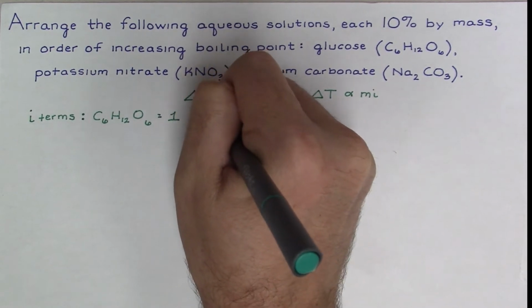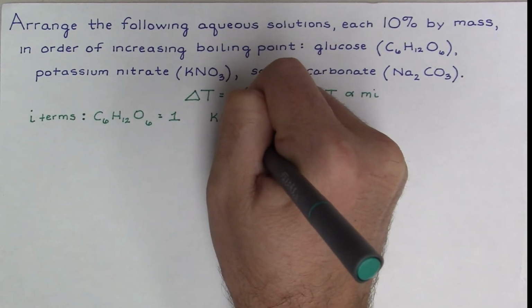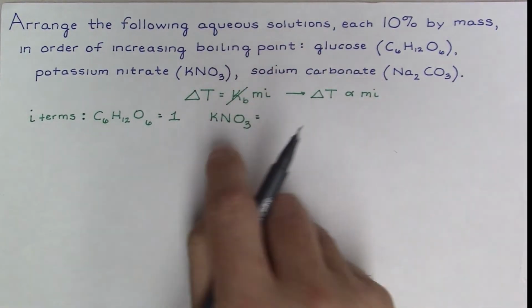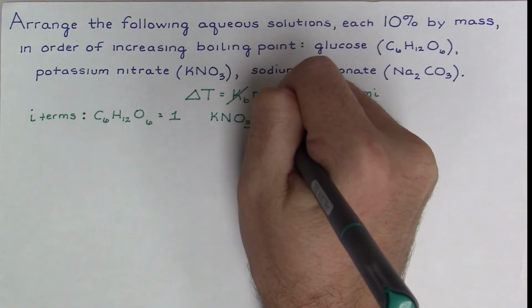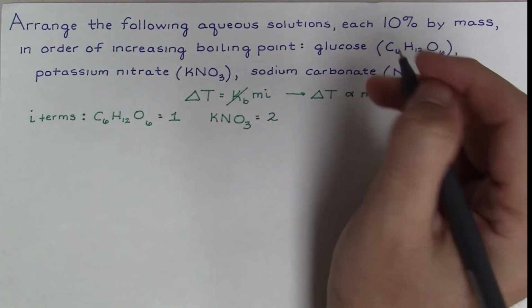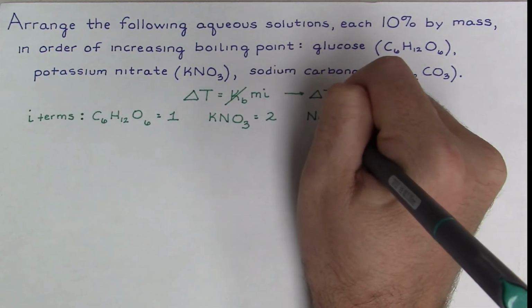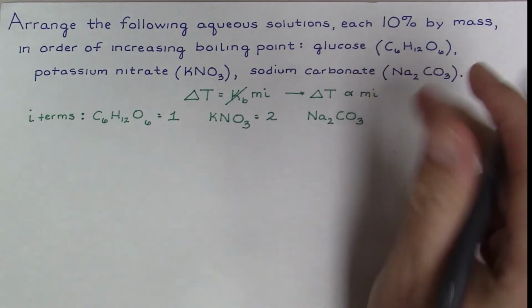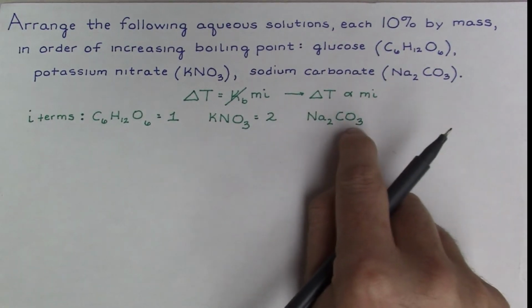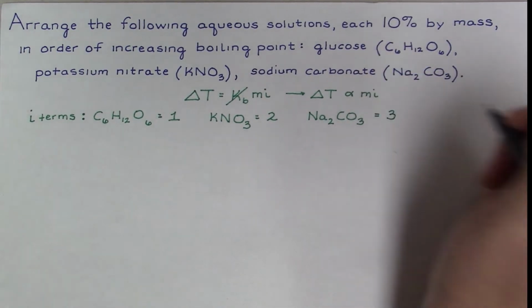It does dissociate into two parts. In this case, those parts would be potassium plus and our nitrate 1 minus. So we would get a Van't Hoff factor of 2. Finally, for our sodium carbonate, it is going to dissociate into three parts, 2 sodiums and the carbonate anion, so you would get an ideal Van't Hoff factor of 3.